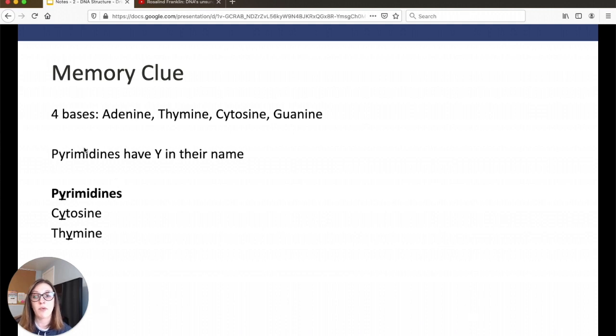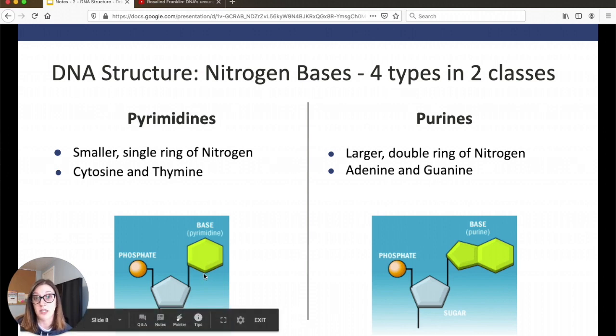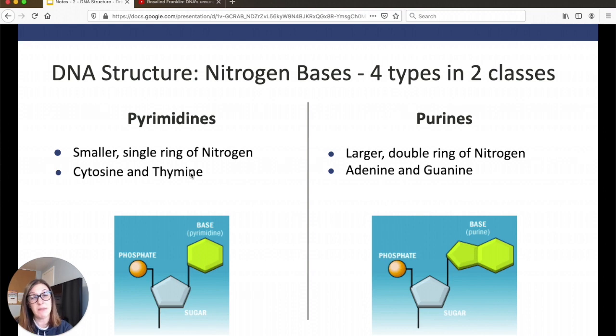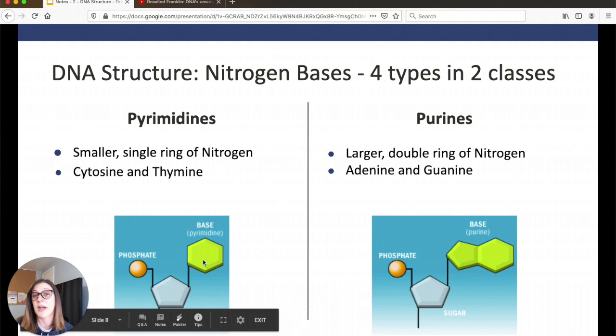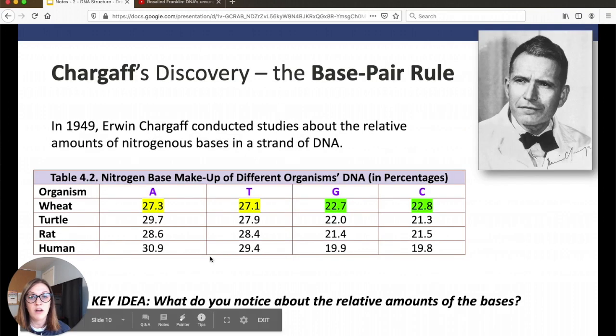And in terms of remembering which of these is larger and which is smaller, I remember that pyrimidine is the longer word, but it's the smaller molecule, so it has only 1 ring, whereas purines have a double ring. That's a really kind of tricky memory clue. I don't have a better one for you, but longer word, smaller molecule is what helps me remember which of the 4 bases are pyrimidines because of the Y, and it's a smaller molecule because it's a bigger word. Opposite. Okay.